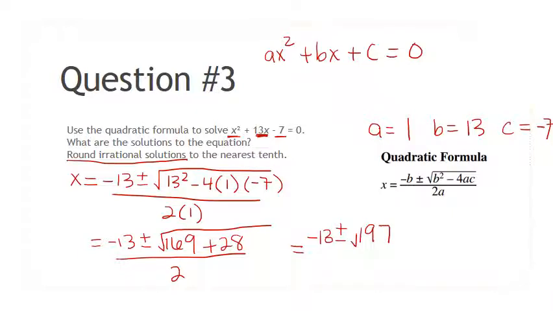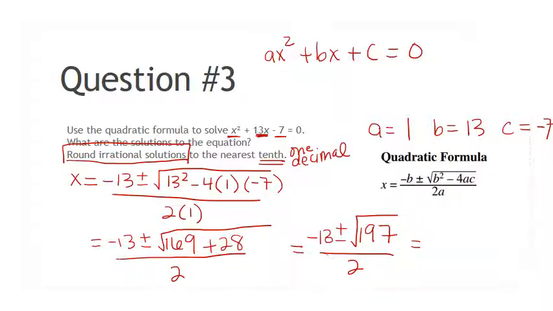And remember, that's in the square root, all over 2. Now we're just going to find the answers. So that says to round irrational solutions to the nearest tenth. Okay, tenth, that is 1 decimal place.